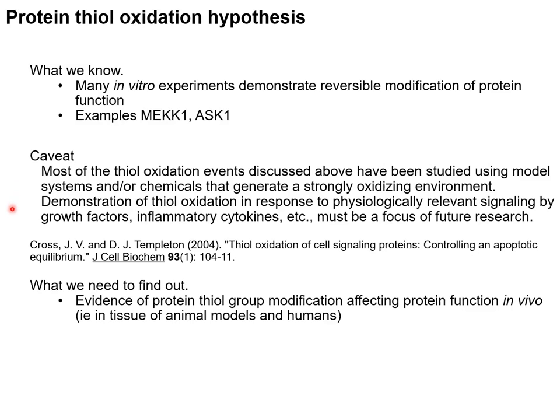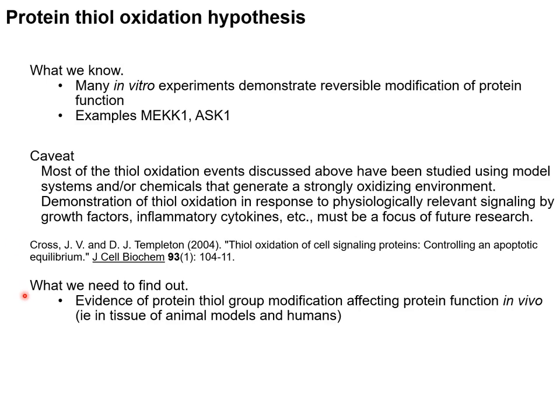This issue was raised quite a few years ago, and the point being is that in many cases we don't know whether these events are actually happening in vivo. So are they actually happening in disease? There still has been very little work that's actually been done in animal models of disease or in humans demonstrating that oxidation of thiol groups is actually contributing to the pathology of diseases.